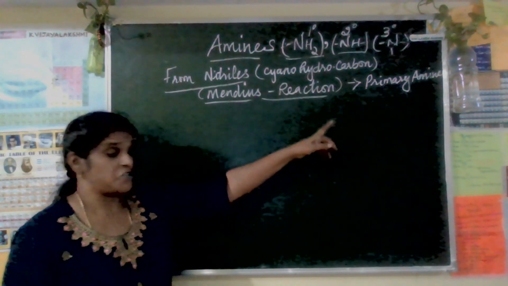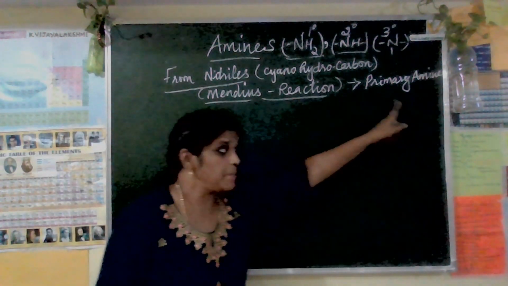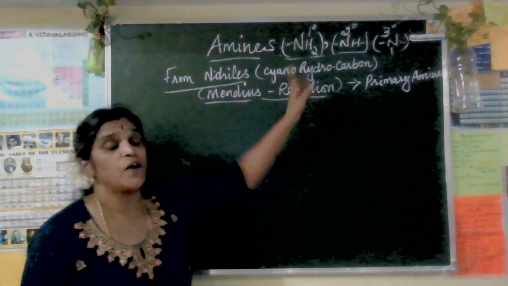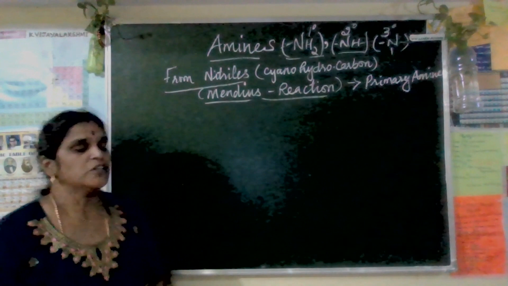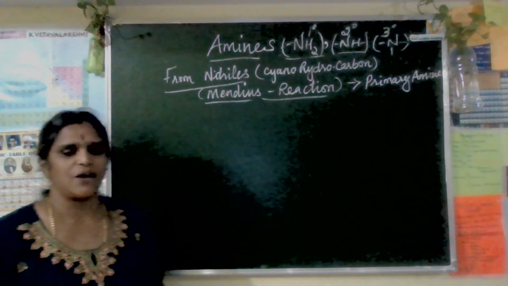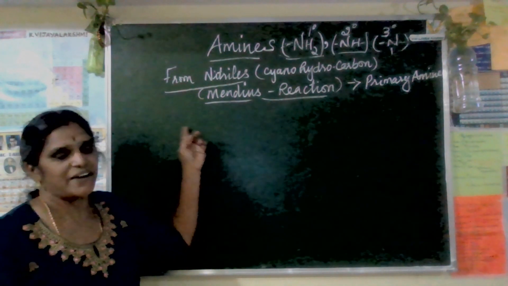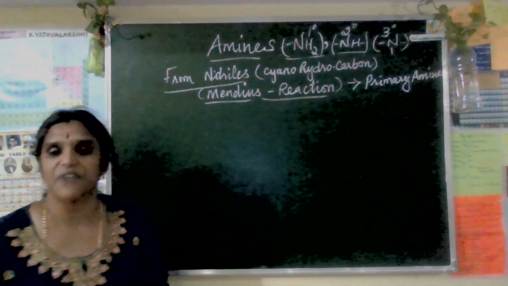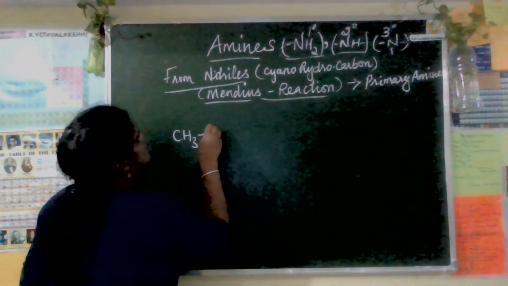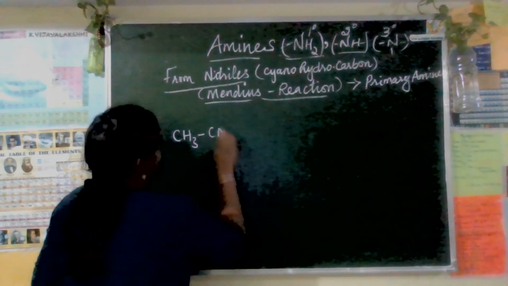Okay, now we are going to see one more question. Now the next question, how do we get primary amine from nitriles, that is cyanohydrocarbon, from cyanide group? So this reaction is generally a reduction process, and this reaction is also known as Mendius reaction. Okay, let us go for it. This is CH3CN, right?